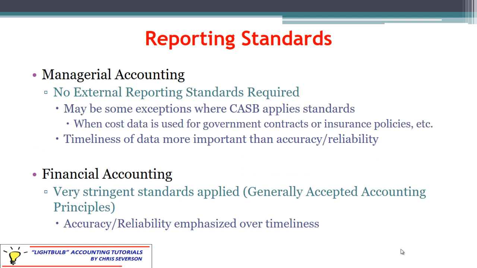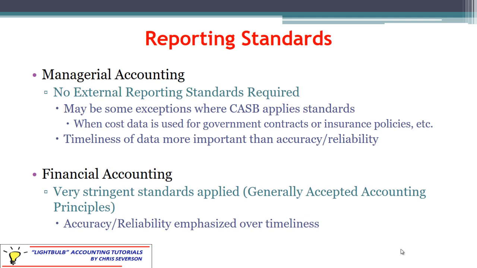So now let's talk about what reporting standards we have to follow when preparing these reports, preparing this information. With managerial accounting, keep in mind, this is mostly for the purposes of internal use. So the whole goal of a set of reporting standards is to ensure that the information is accurate, to ensure the information is comparable, it's consistent.